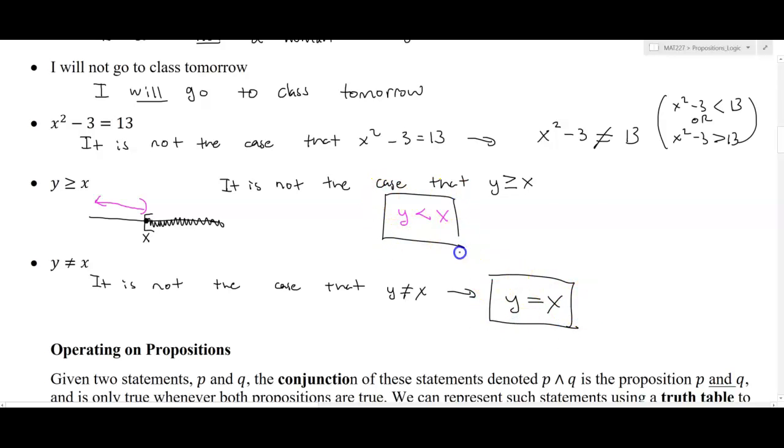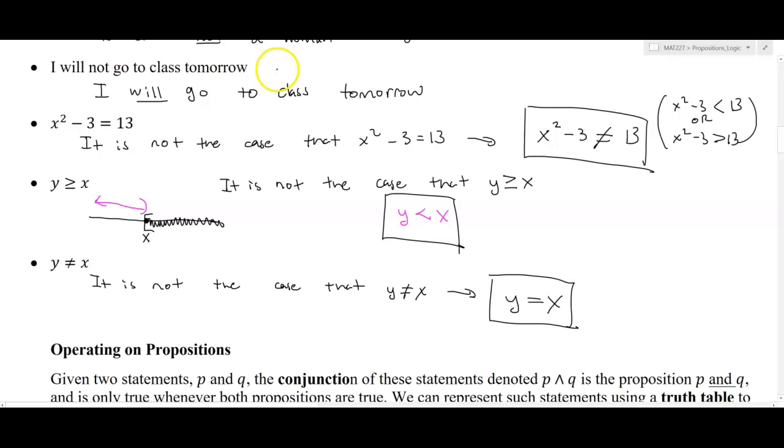Final statement here was this guy, and our final statement here was this guy. Or you could, in this second bullet point, have said this in lieu of x squared minus 3 is not equal to 13, but this was just a little bit more compact.